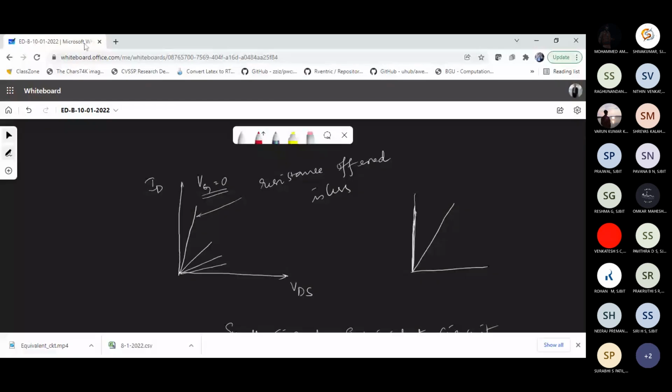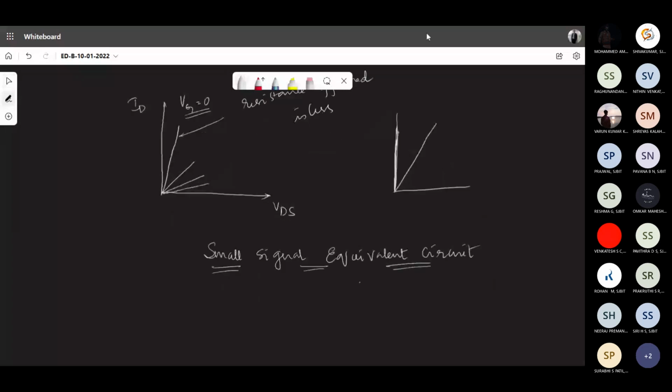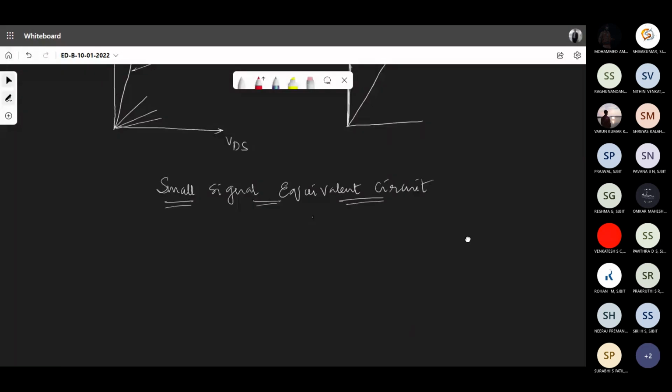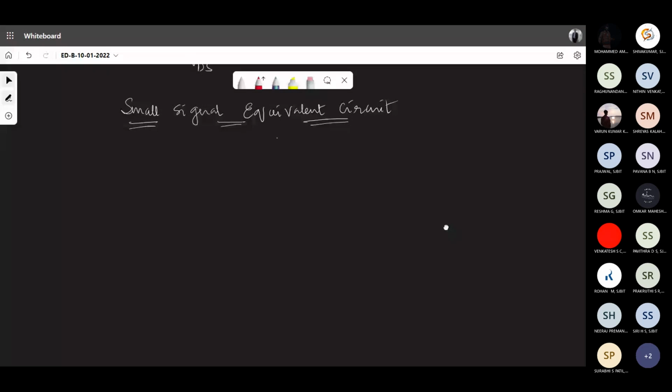That is the meaning of it, and it all depends on the VG value. So with this small thought about the output characteristic curve, we are good to go and write the small signal model.